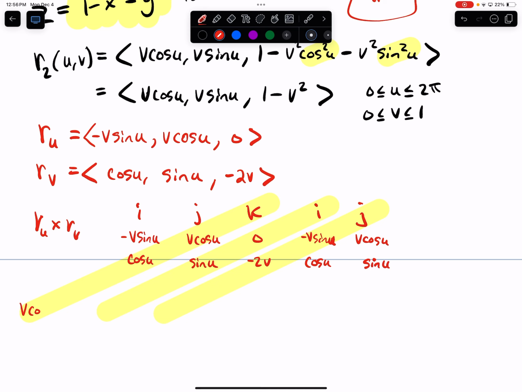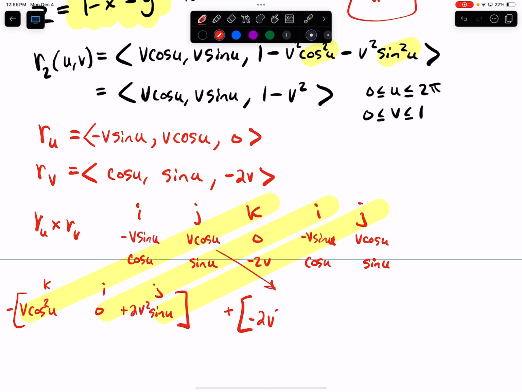So v cosine squared u for the k, then 0 for the i, then plus 2v squared sine u for the j. And then going this way, minus 2v squared cosine u, 0.